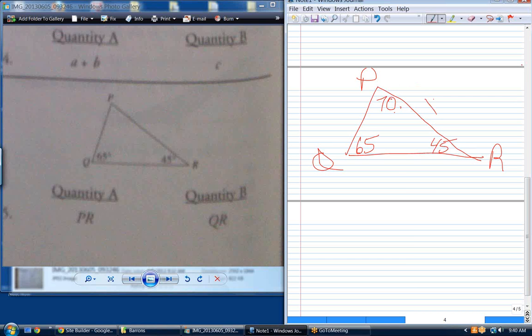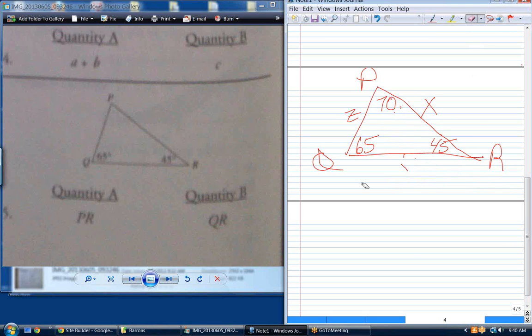If this was X, Y, and Z, which one would be largest? Y would be the largest, followed by X, and the smallest would be Z. In other words, we can't tell what the dimensions are, but we know which is the largest side of a triangle based on the largest angle.